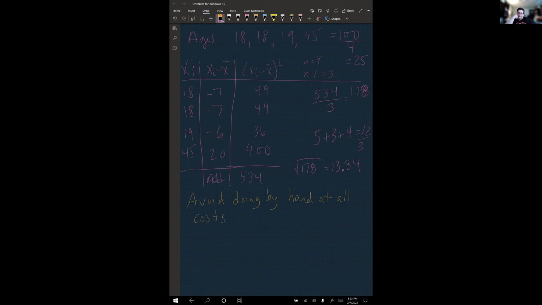The error gets compounded. The more errors along the way, the more the answer's off. And if you've got like 100 of these, there's a good chance you'll have at least a couple errors by hand, and your answer is unreliable.